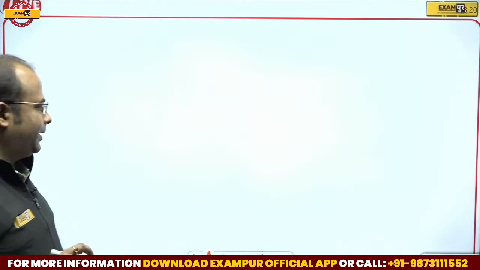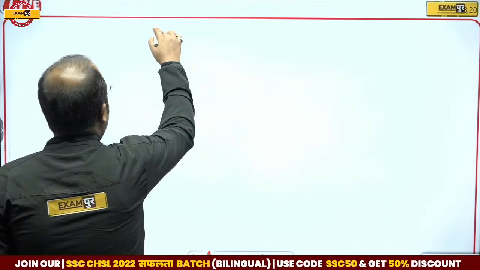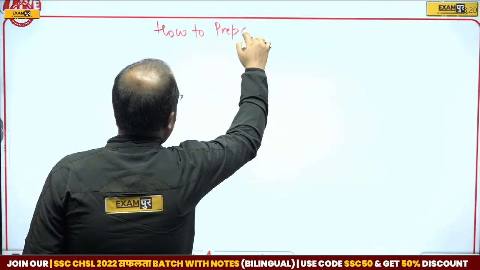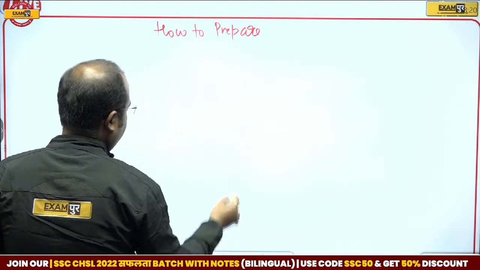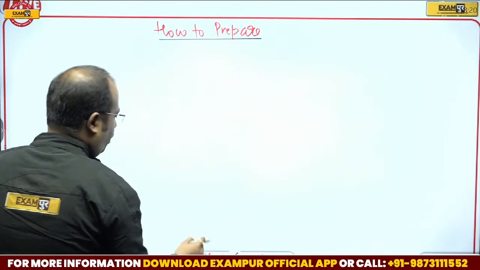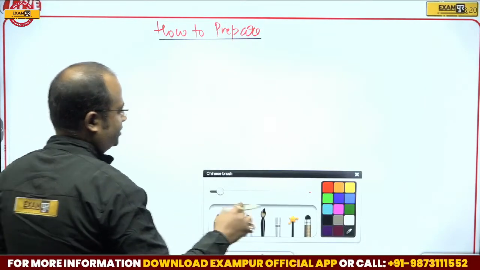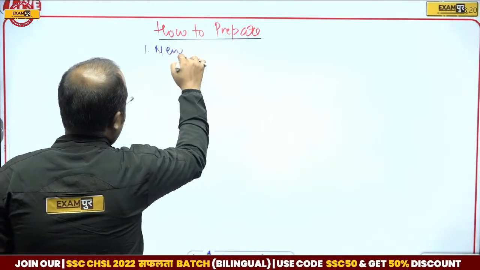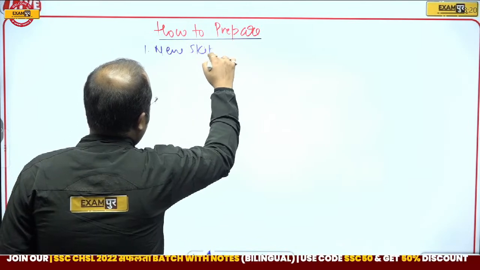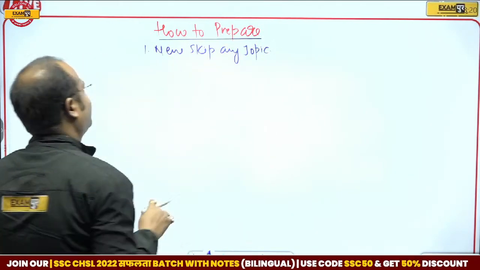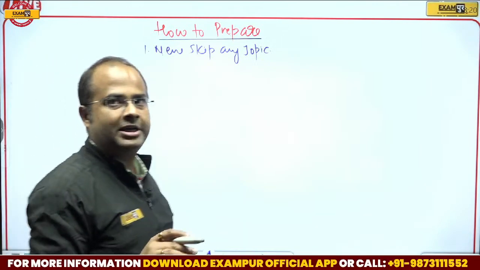Now, how to prepare for the examination? The first important thing, guys, is that you have to go through all the sections of the subject minimum one time. Never skip any topic or any subject.